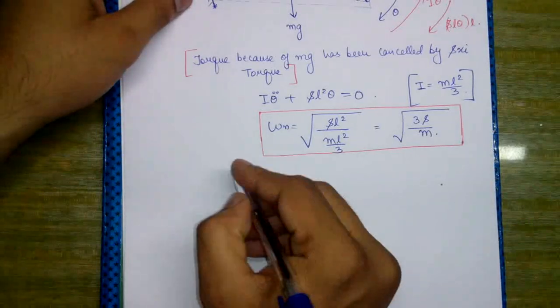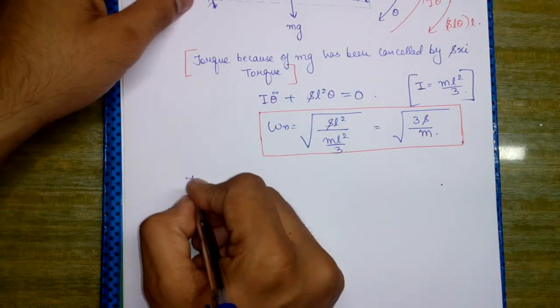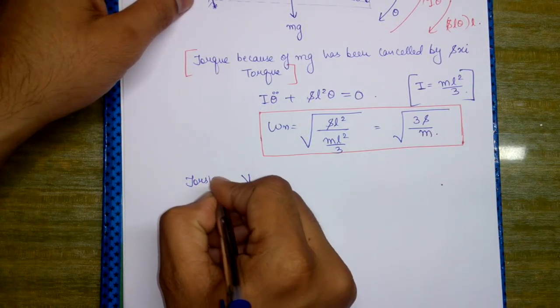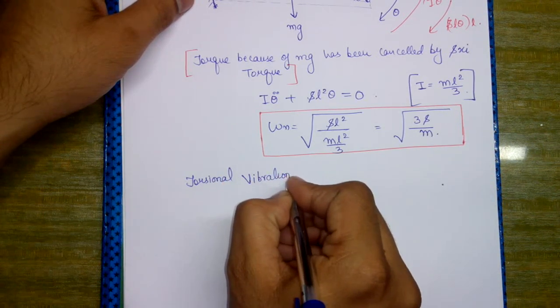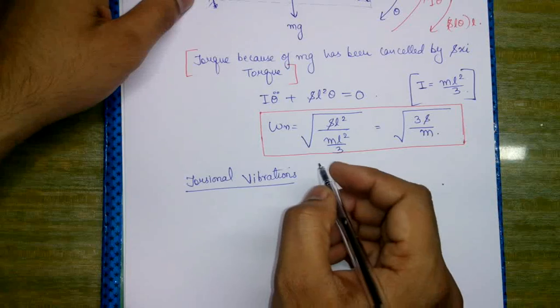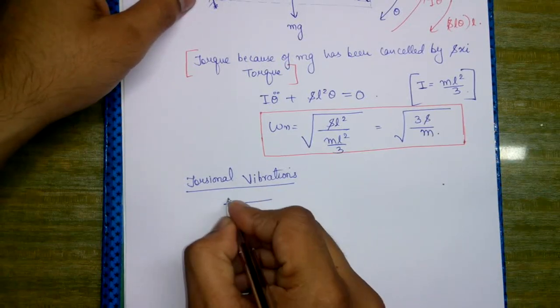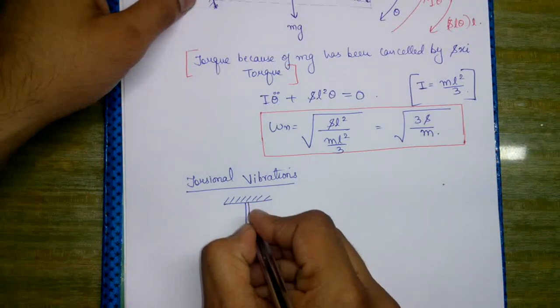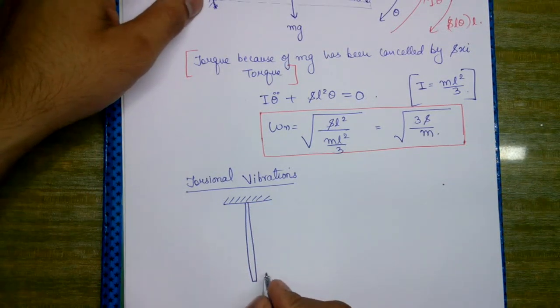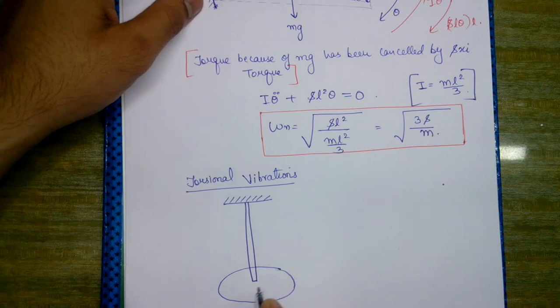Now we will start with the next topic, that is torsional vibrations. What is actually happening here is we have a shaft like this on which we have been given a rotor.